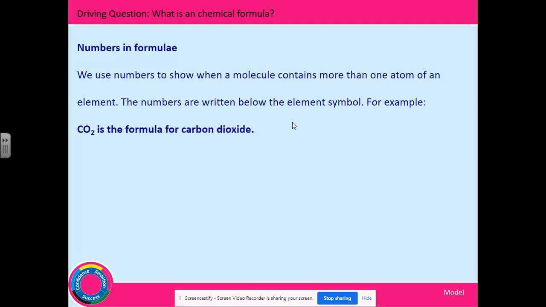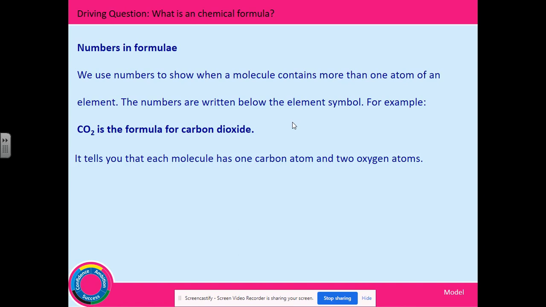Numbers in formula. We use numbers to show when a molecule contains more than one atom of an element. The numbers are written below the element symbol. For example, CO2 is the formula for carbon dioxide.